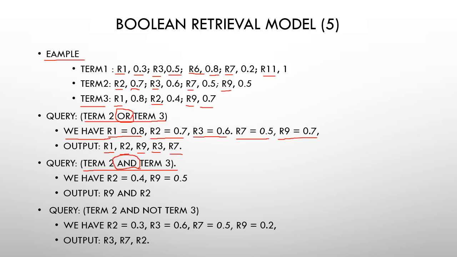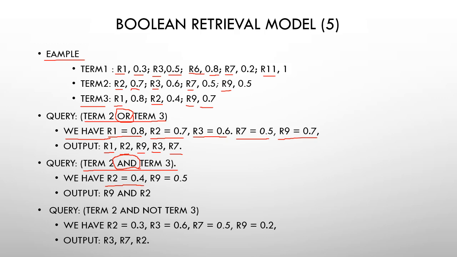So we are looking for documents which consist of term 2 and term 3. The documents which consist of term 2 and term 3 are document number 2, where one weight is 0.7 and the other is 0.4. So we record only the one with the weight of 0.4.